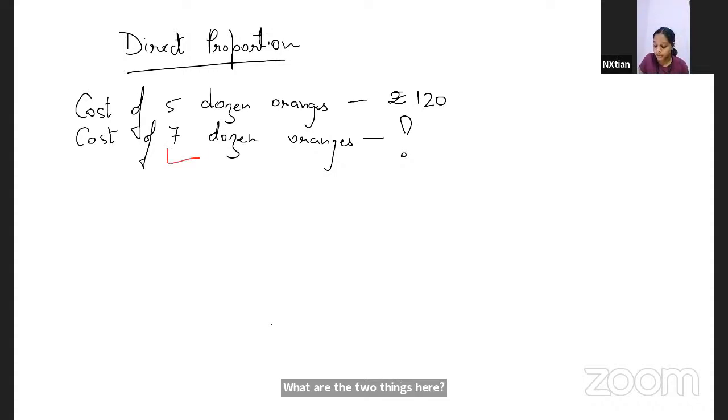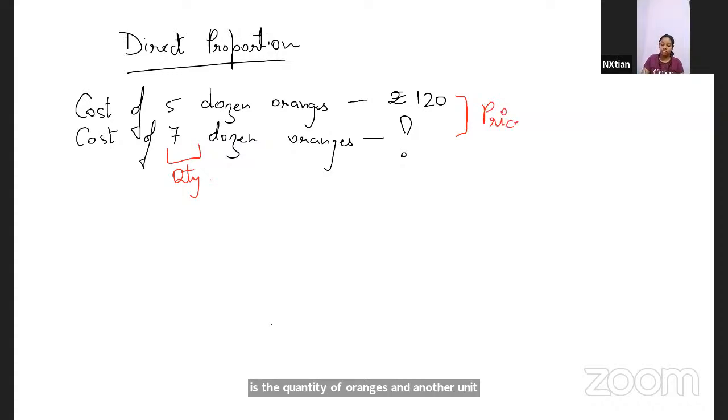And you have to cross multiply, right? Yes, we can cross multiply or we can consider one value x and find out like that also. Okay, one is the quantity of oranges and the other unit is the price.